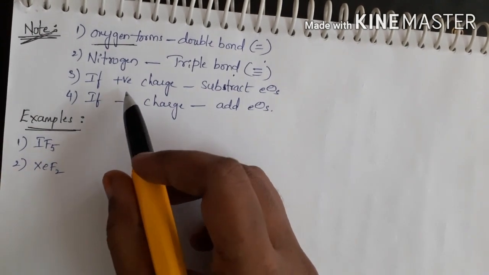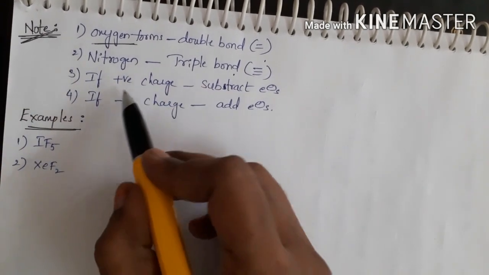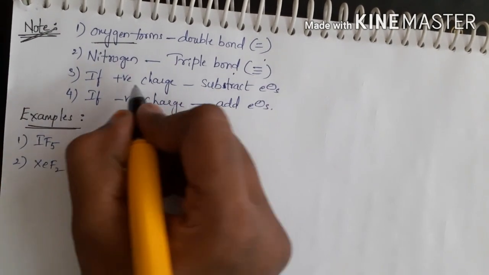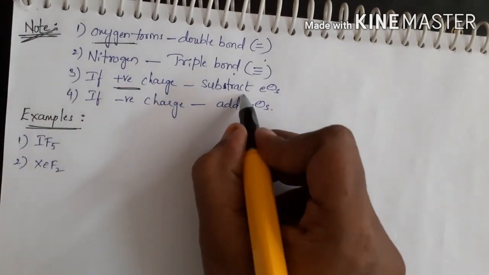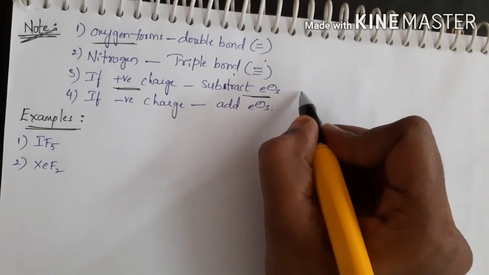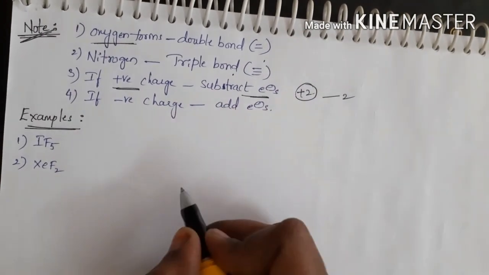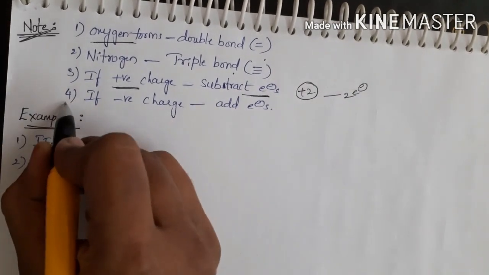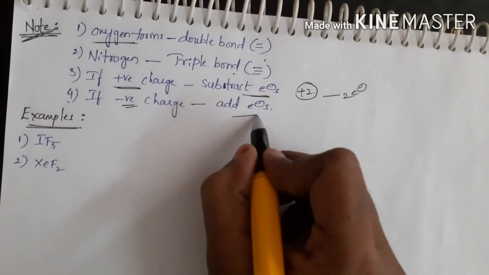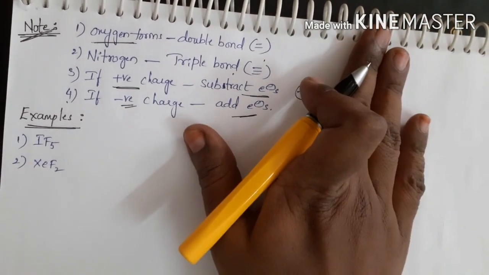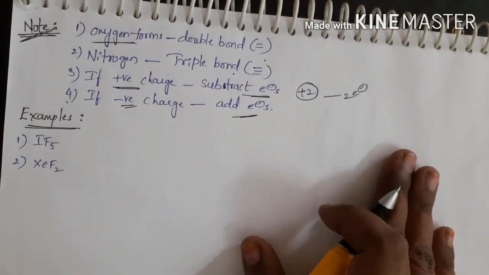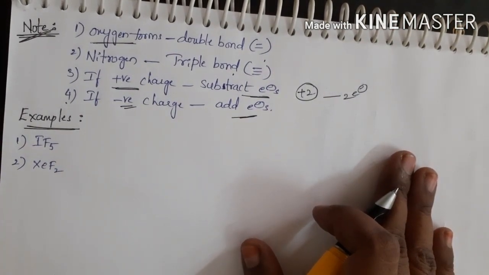Remember two more things: if the given molecule contains a positive charge, subtract that many electrons. For example, if the molecule has a +2 charge, subtract 2 electrons. If it contains a negative charge, add that many electrons. These are the things to remember before doing the hybridization of a given molecule.